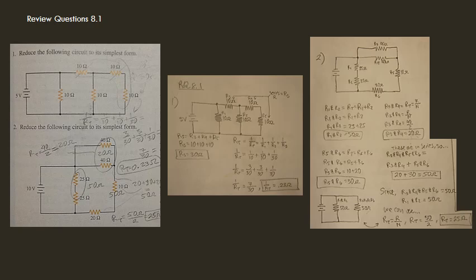The other two resistances are R3 and R4, which again, since they are the same resistances, you can use the division of resistances.